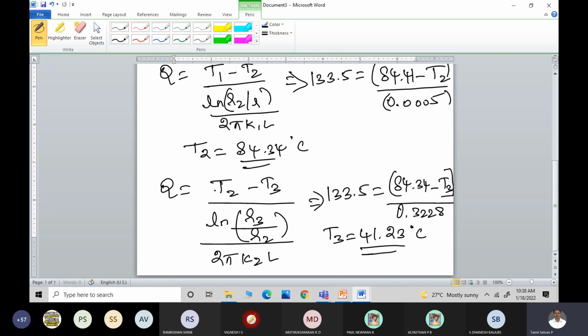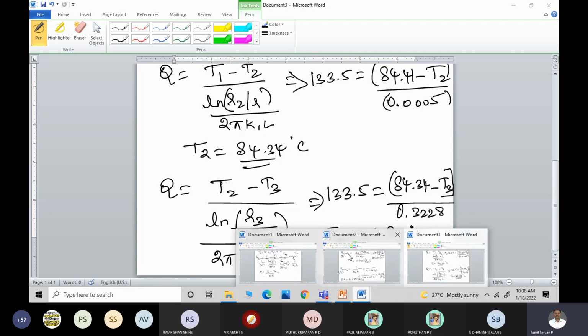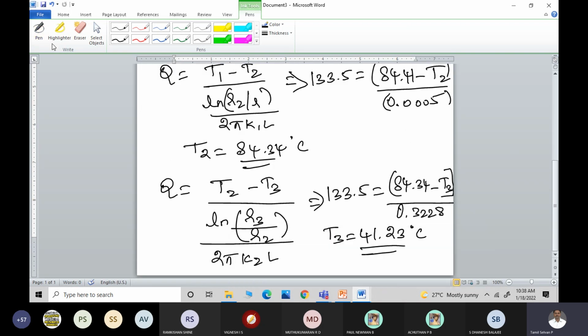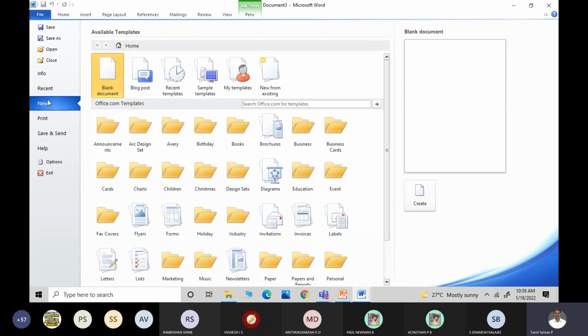You can take this T2 minus T3, and sometimes you can also solve by considering the last resistance. Since we know TB, (T3 minus TB) divided by 1 by HB into A2 also gives the same T3 value. Some of them ask me, sir, why can't we solve like that?